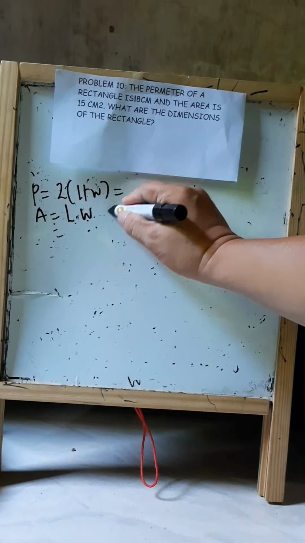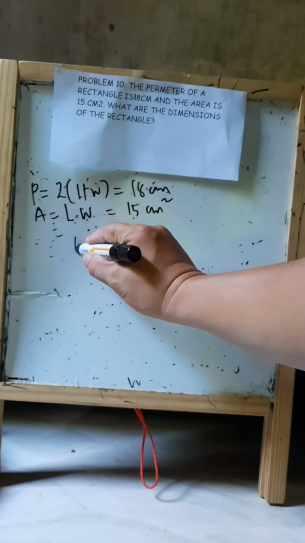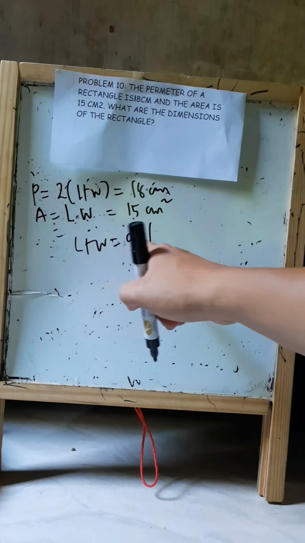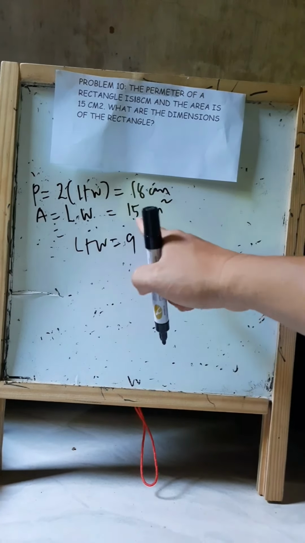If we divide both sides of the perimeter by 2, we have length plus width equals 9. Diba? And then length times width equals 15.